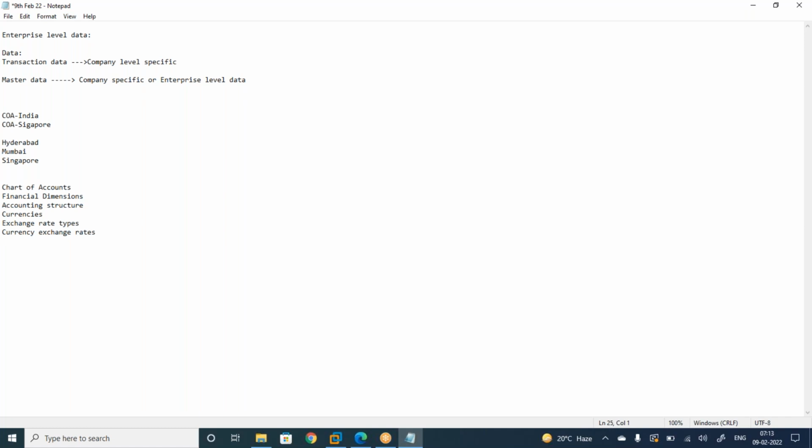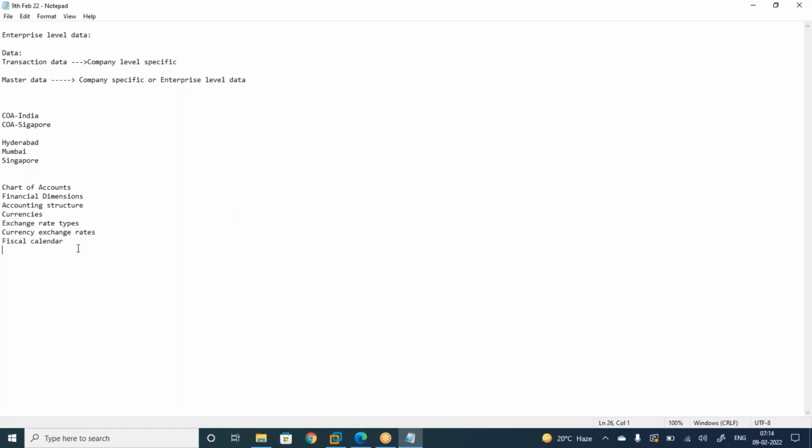Next, fiscal calendar, enterprise level data. Country master, that you will understand later. These all are enterprise level data. So in the general ledger module, the majority of masters, whatever is there, those all are enterprise level data.